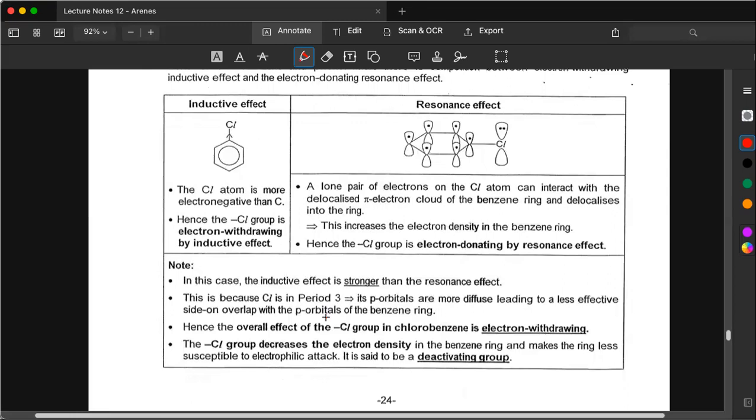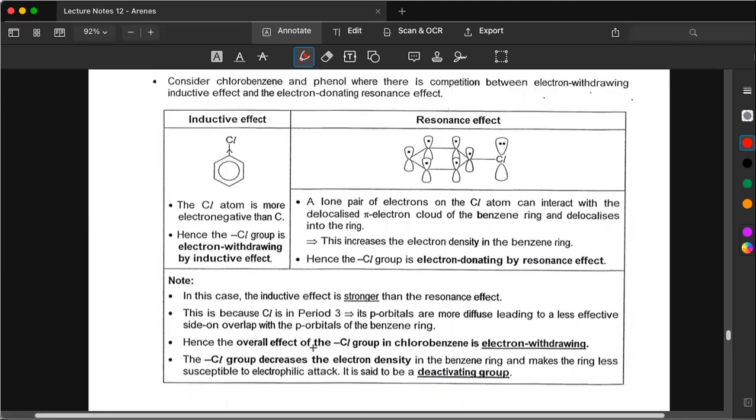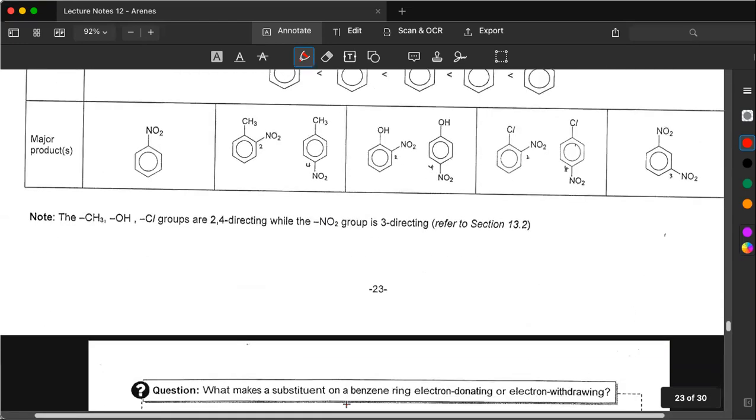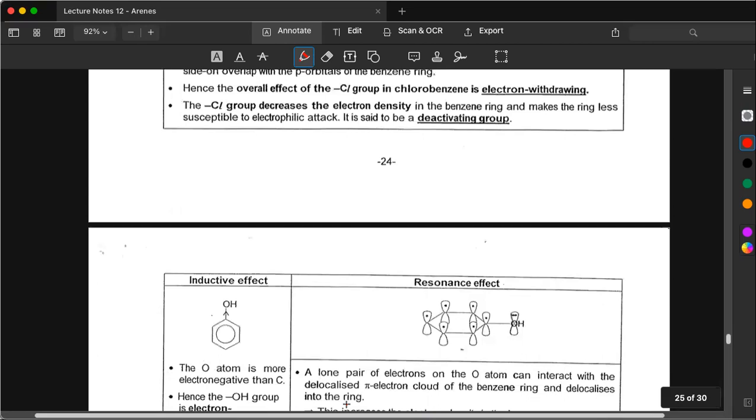So the electron donating effect is weakened, but the electron withdrawing effect is relatively strong. So this will actually decrease electron density and it makes the ring less susceptible. So it's a deactivating group. That's why Cl here is deactivating, but not a strongly deactivating one.